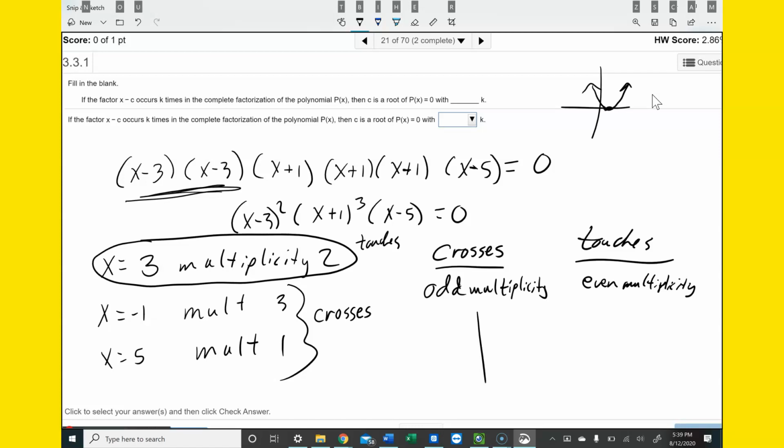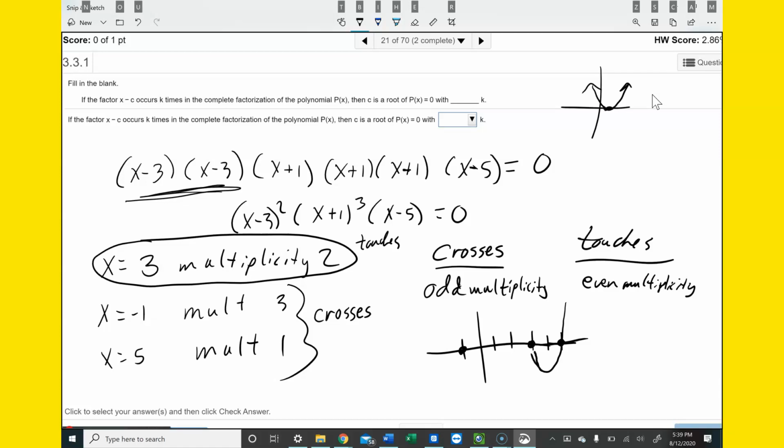So if I were drawing this graph, that means it would cross at 5, it would touch at 3.